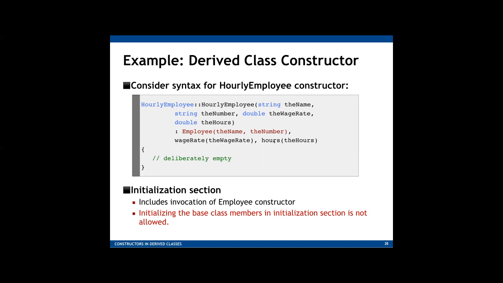This one and this one set the member variables defined in HourlyEmployee. So this one sets the value of the member variable wageRate with the value of the wageRate argument. So the syntax for calling a base class constructor and initializing a member variable in the initialization section are very similar.